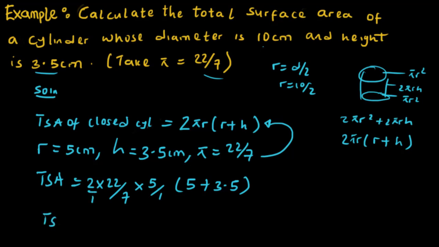So we have total surface area equals 2 times 22 is 44. 44 times 5: 5 times 4 is 20, 0 carry 2. 5 times 4 is 20 plus 2 is 22. Do you get that? So we have 220 over 7 into brackets 5 plus 3.5 is 8.5.